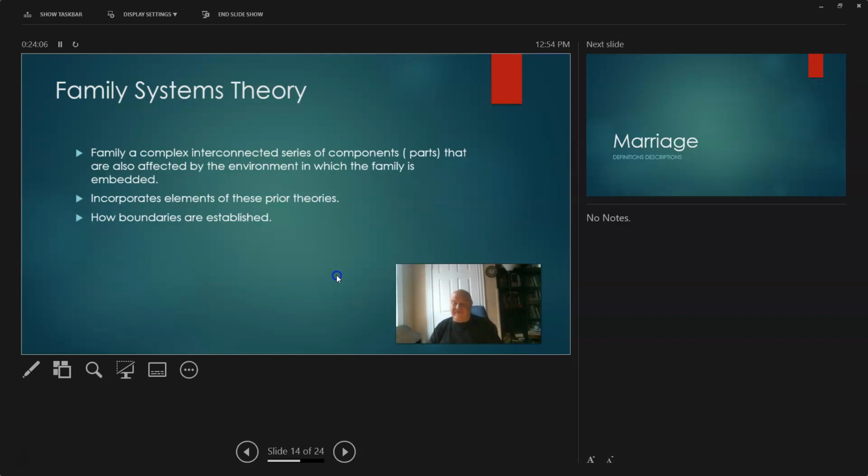And it looks at a family in terms of an interconnected system of components within the family that's affected by the environment, that larger institutional environment in which a family is embedded. And it also talks about how boundaries are established. What's the boundary of a family?